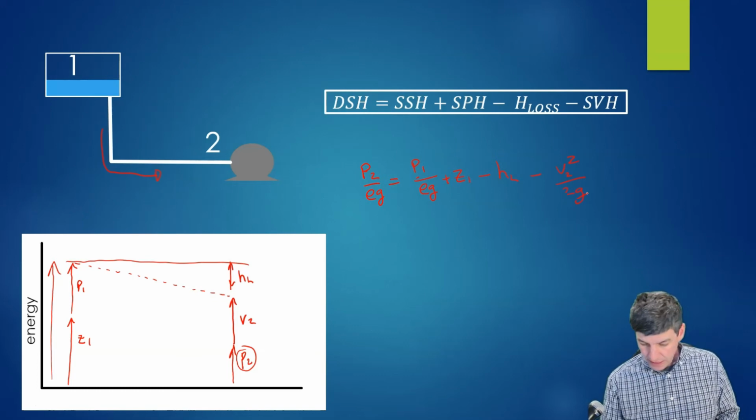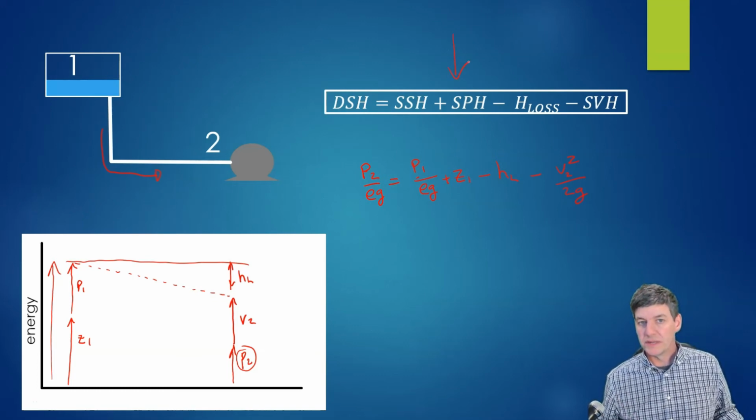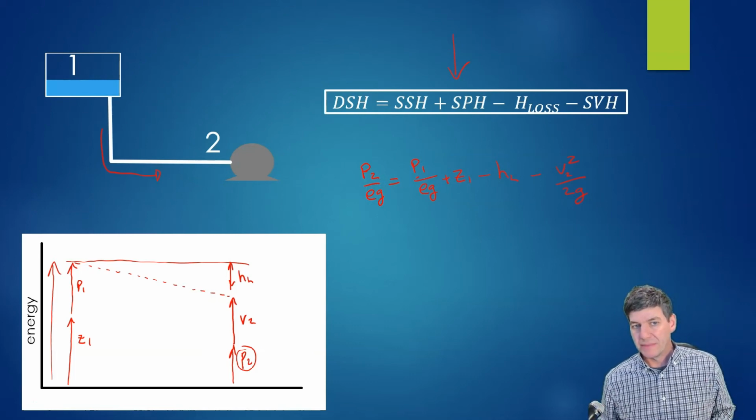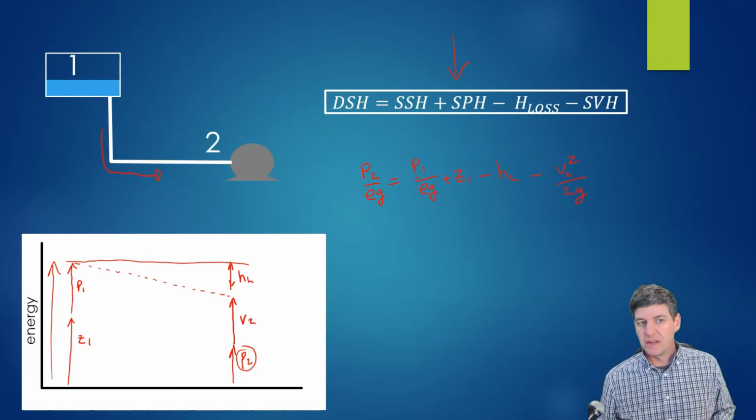And what we can see is that that mimics the equation that we came up with in our discussion. So we have our dynamic suction head for that point, and it matches up from our energy perspective to what's happening in our system.